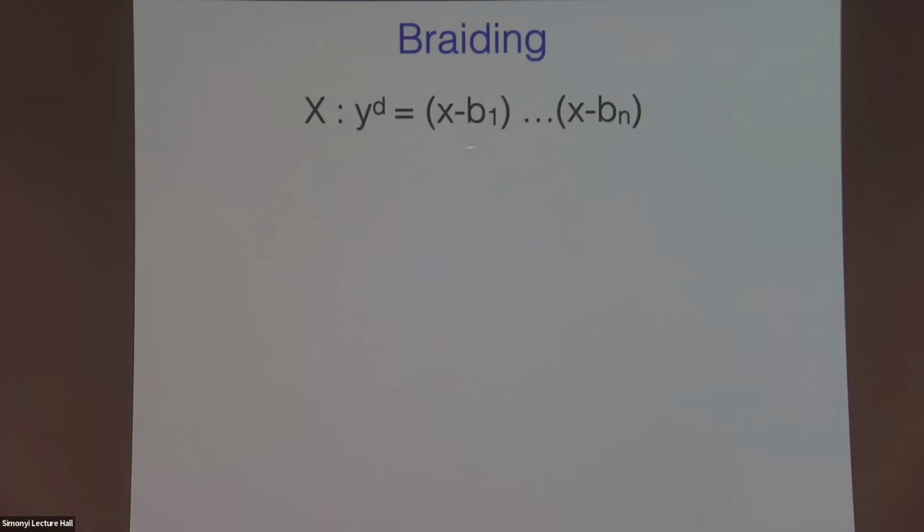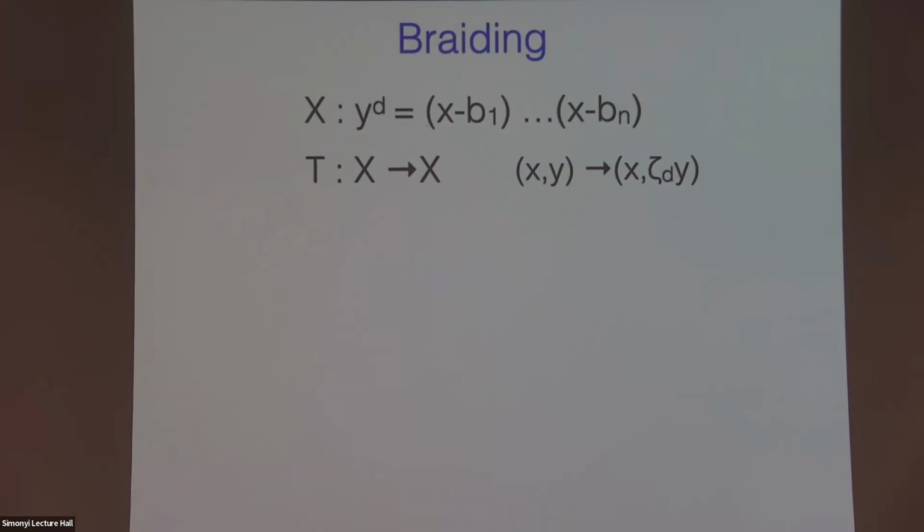So we have an X that's defined by this equation, and this X comes equipped with a symmetry because you can multiply the value of y by an arbitrary dth root of unity. So there's an action of Z mod d on this Riemann surface. It's not a typical Riemann surface. It's one with a special symmetry group.